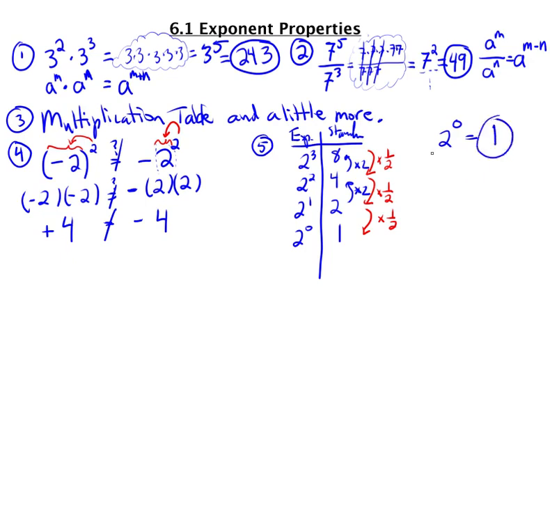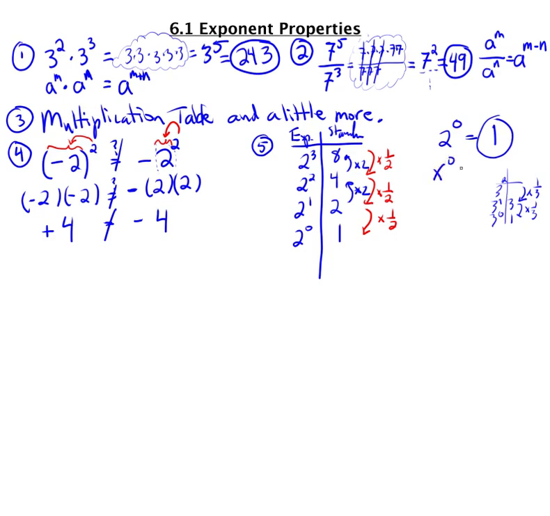Now, will that happen to all problems? Well, let's do 3's. 3 to the third, 3 to the second, 3 to the first, 3 to the 0. And when we go down, we're going to multiply by that 1/3. So anything to the 0 power will always be 1.